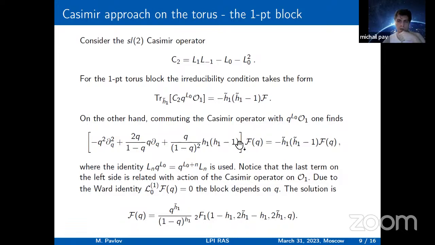So we have only Q dependence, and doing that we derive this equation. So it was derived in the Kraus paper, which is once again almost a hypergeometric equation, and the solution of this equation is given here.